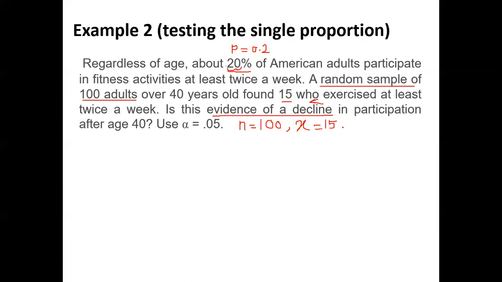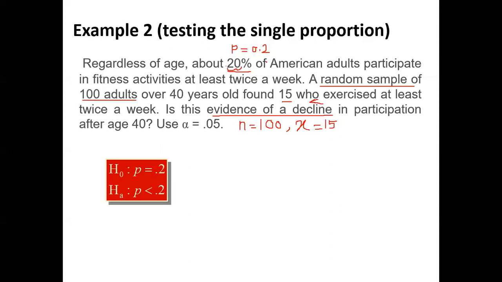So what are we going to do in our first step? In our first step, we state our null and alternative hypotheses. Because this is not referring to the average but to the proportion, H0, the null hypothesis, is P, the proportion, equal to 0.2.